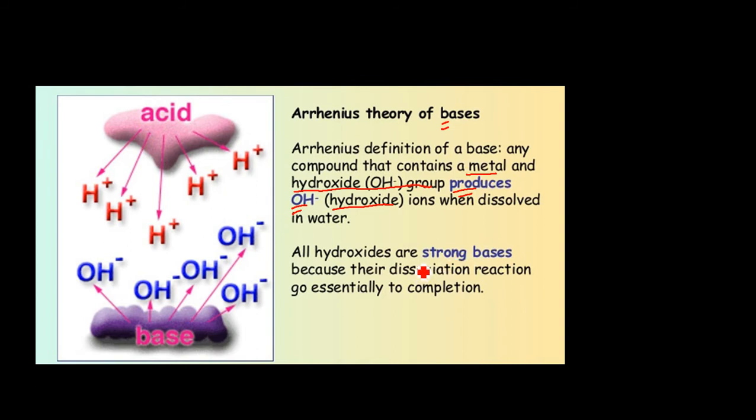All hydroxides are strong bases because the dissociation reaction goes essentially to completion. So look at this image. A base is a metal and hydroxide group and produces hydroxide ions.